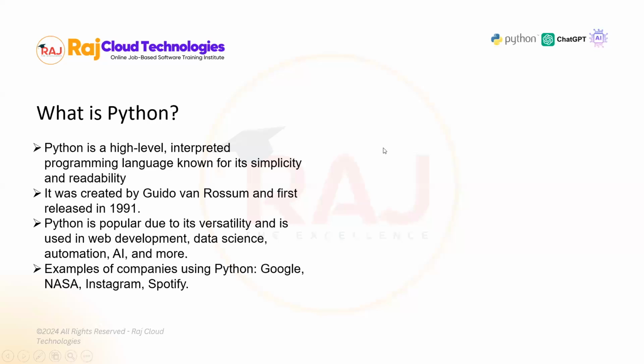Okay, this was created by Guido van Rossum and first released in 1991, and from there Python has become very popular for being versatile in its usability. Because this is cross-platform compatible. What do you mean by that?